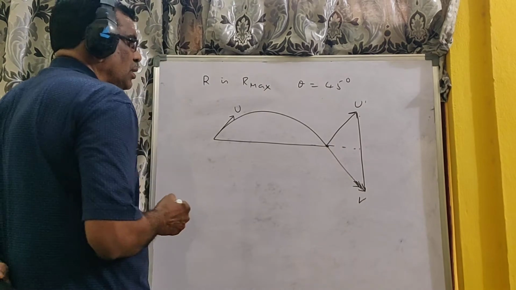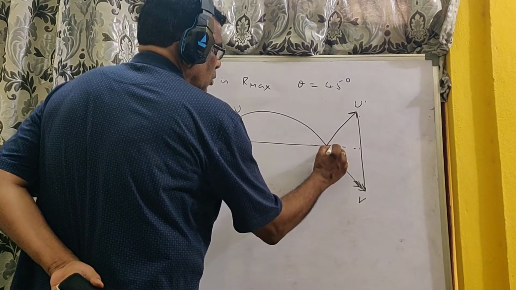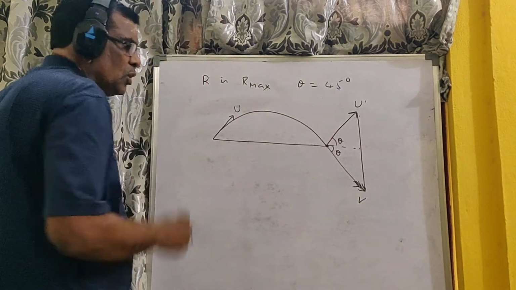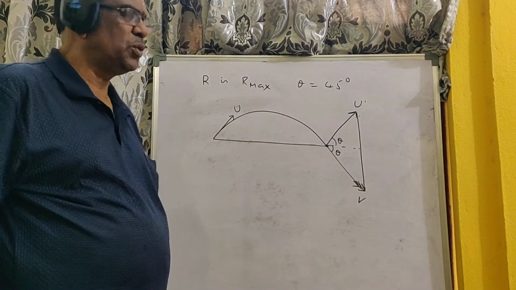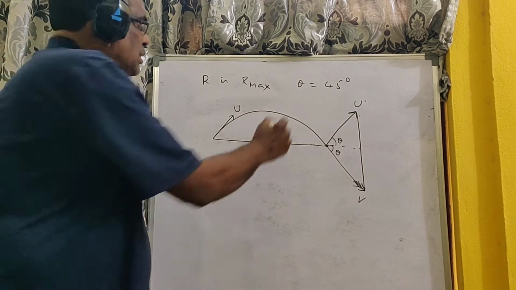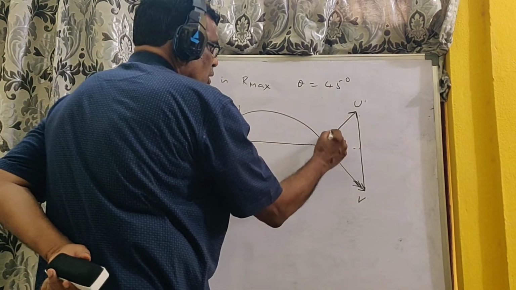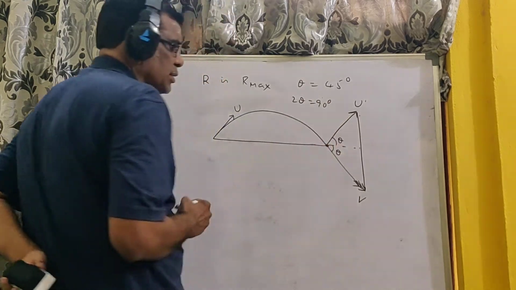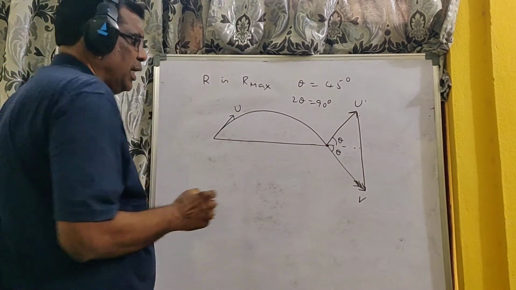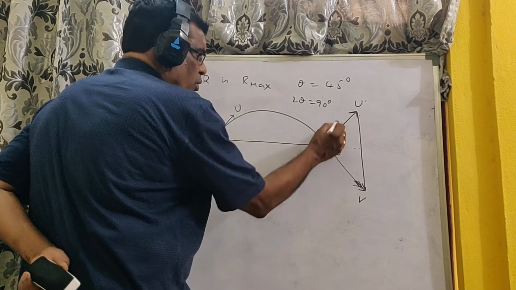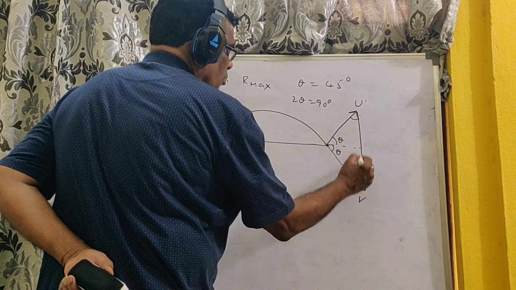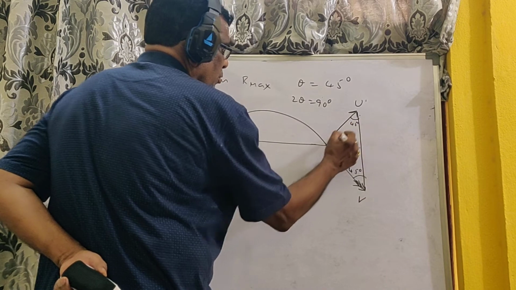Likewise, you know that this is theta, this is theta, so obviously the total angle is 2 theta. And we have just said theta 45 means 2 theta must be 90 degrees. Since these two are one and the same, this will be 45 degrees and this is 45.